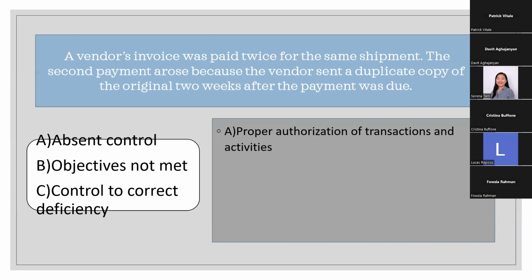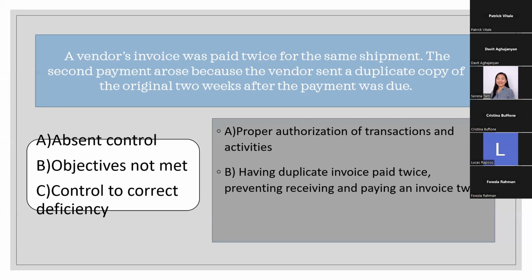Maybe that it was paid twice, right? So having a duplicate invoice paid twice, there's nothing preventing paying the invoice twice. So what could we do for this? What's the control to correct the deficiency?